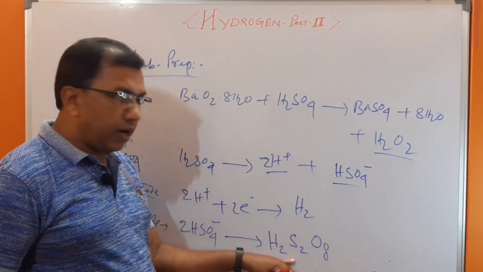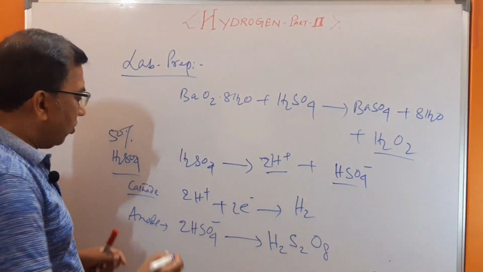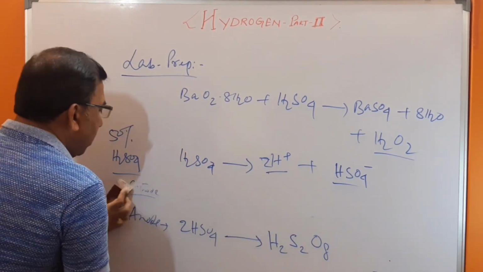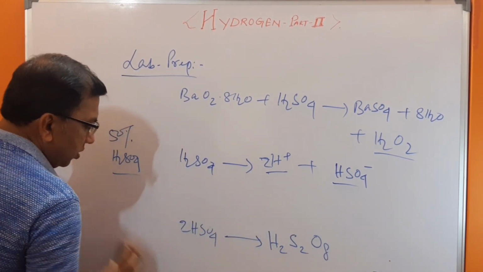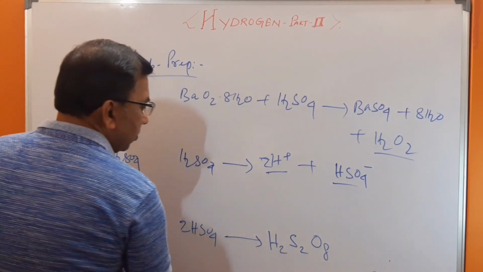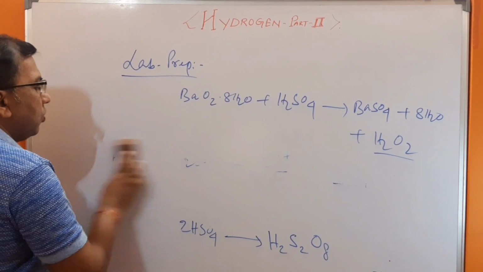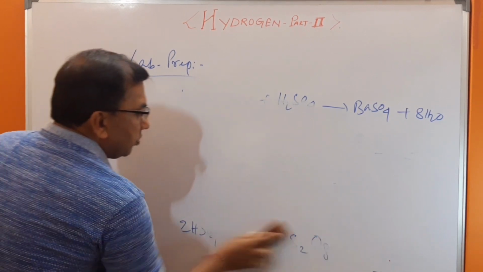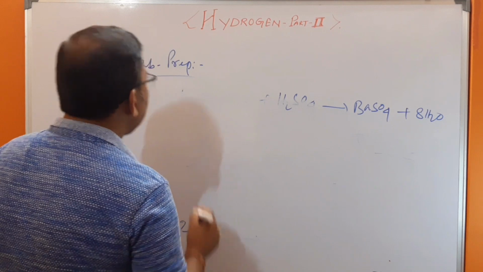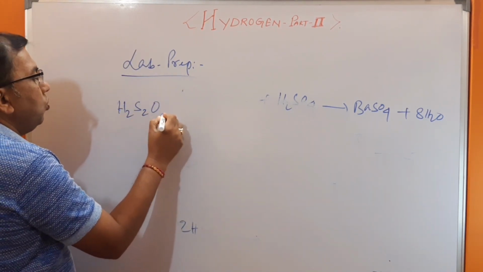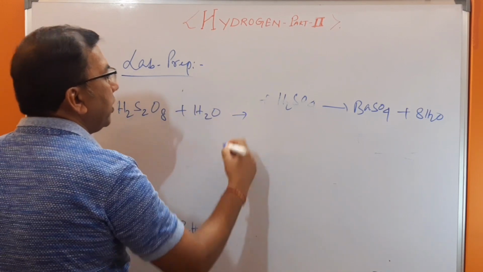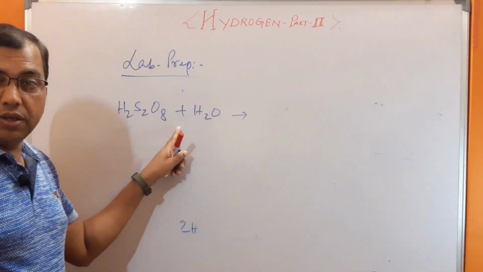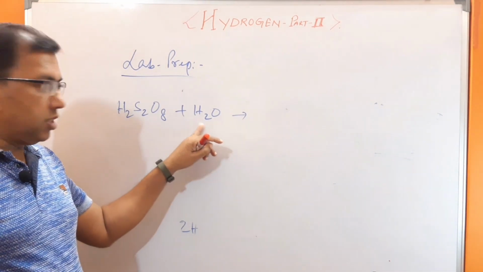And after this, peroxydisulfuric acid again combines with water. Note it down, children, very important. This is the anode. H2S2O8 again combines with water. This is hydrolysis.